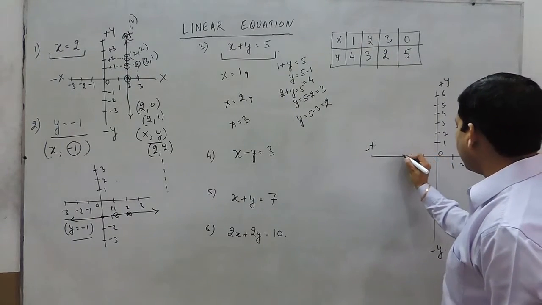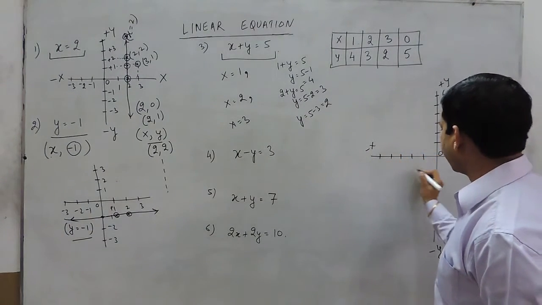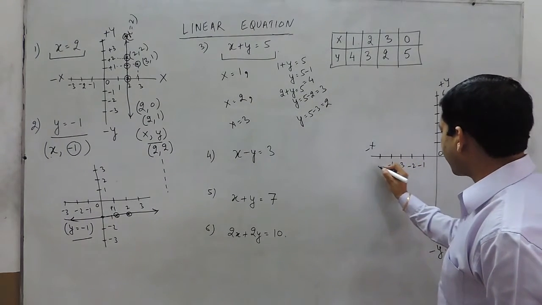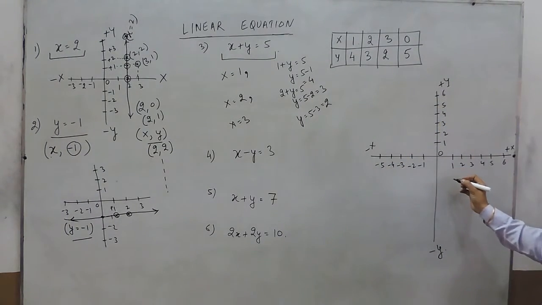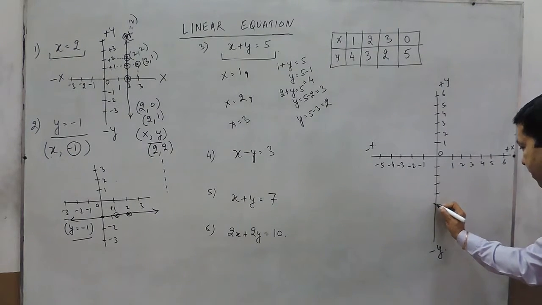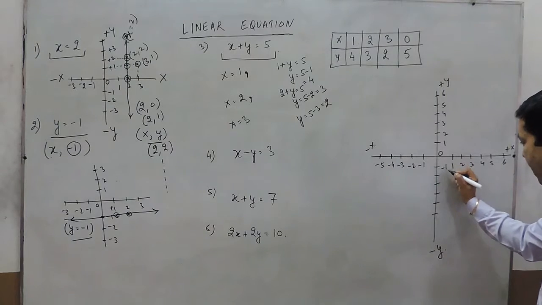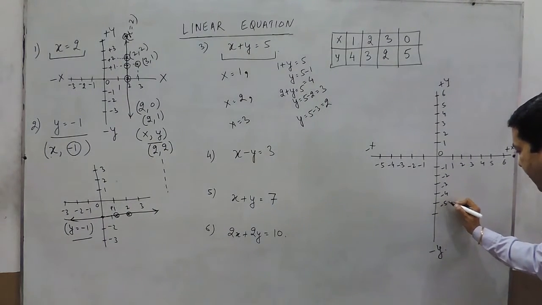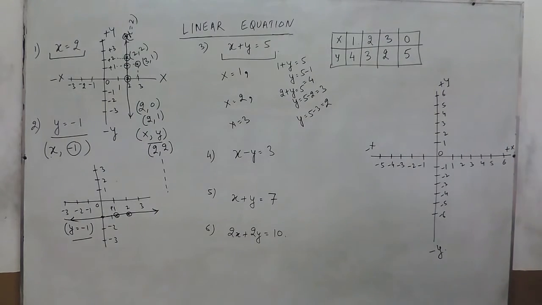These are the negatives of the x-axis, so minus 1, minus 2, minus 3, minus 4, minus 5. And these are the negatives on the y-axis. The values are minus 1, minus 2, minus 3, minus 4, minus 5, minus 6, and so on.